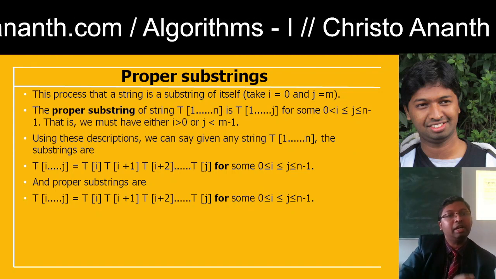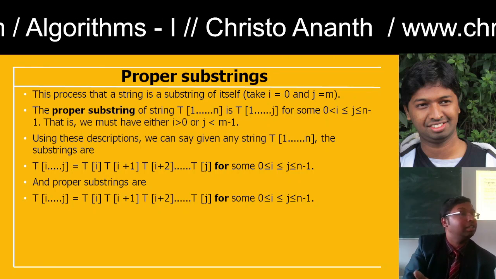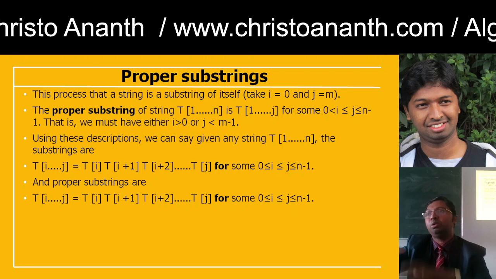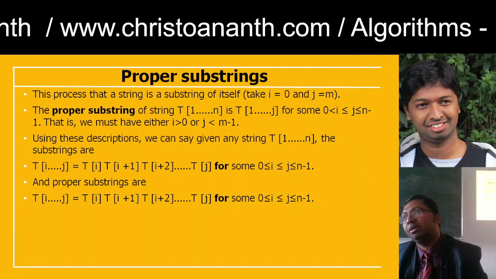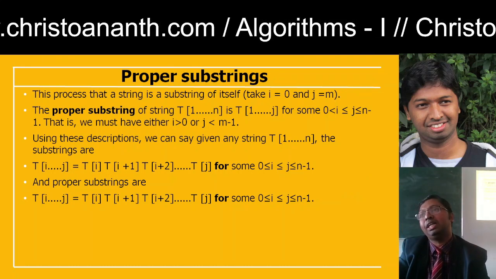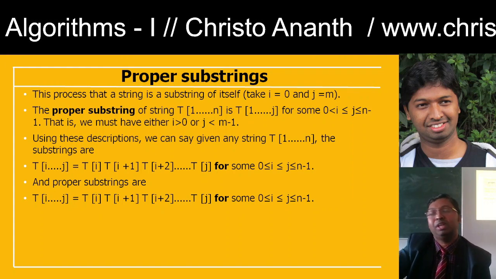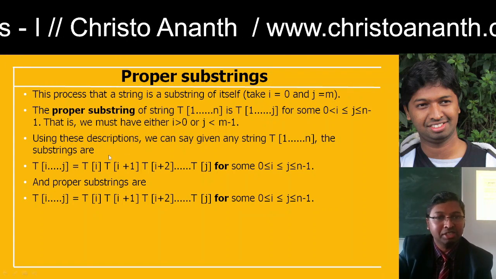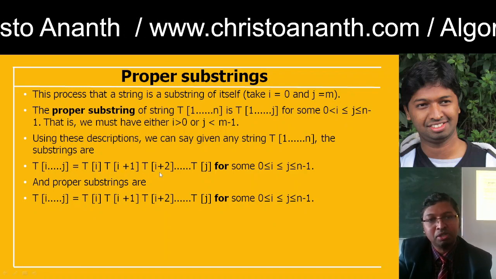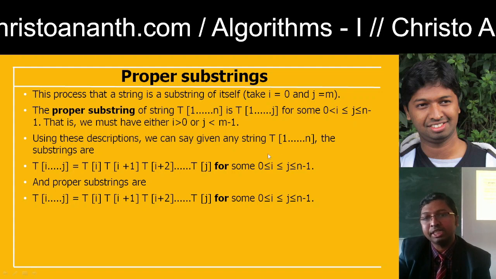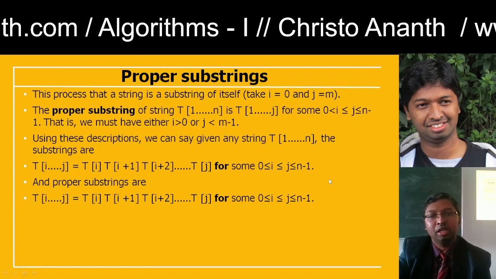The pattern you are searching should be a part of, a subset of, the string you are searching: T[i], T[i+1], T[i+2], up to T[j], for i and j from 0 to n minus 1.